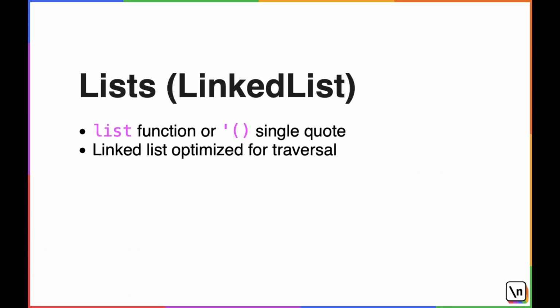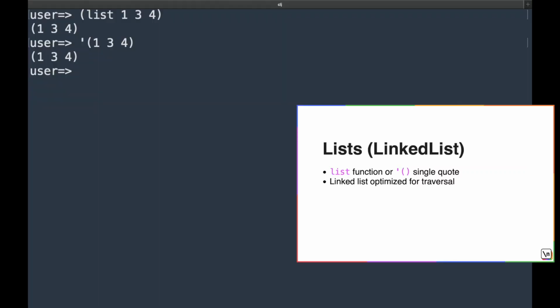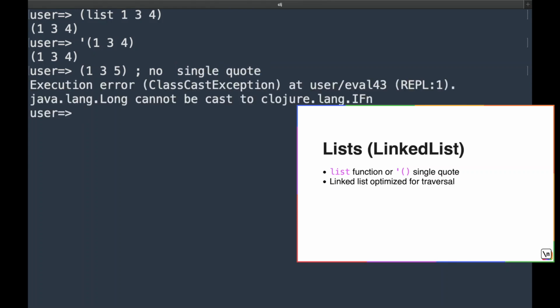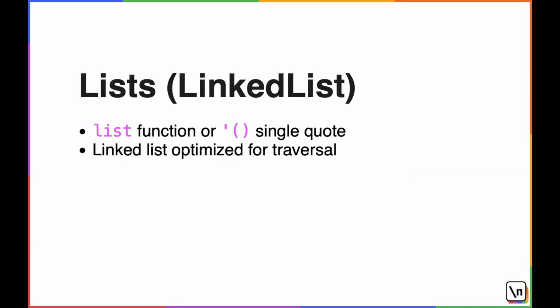We need this single quote because if we try to define a list without it, Clojure will consider the list to be a function call where the first element is the operation and all other elements are the arguments to that operation. In our case, the first element is not a valid operation. If you try to execute this code, you will get an error saying that 1 does not implement the IFn interface, which in plain words means that 1 is not a function and hence cannot be called.